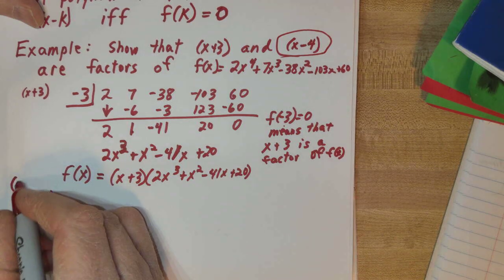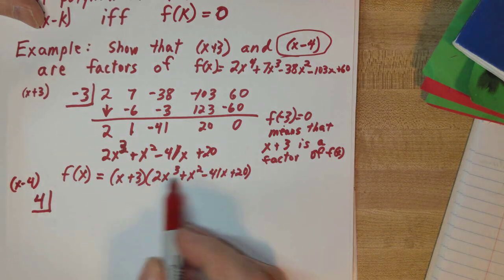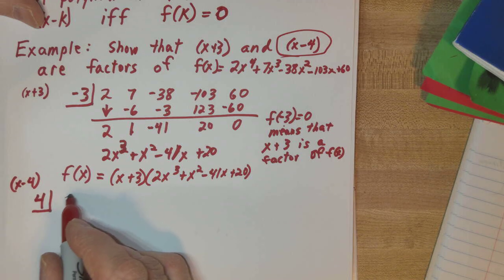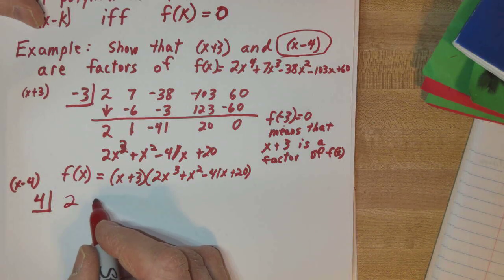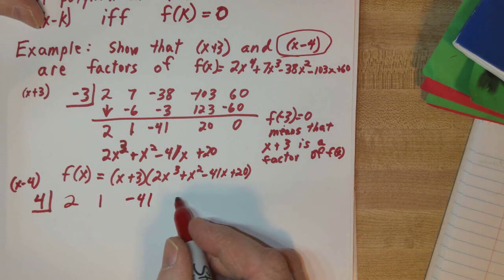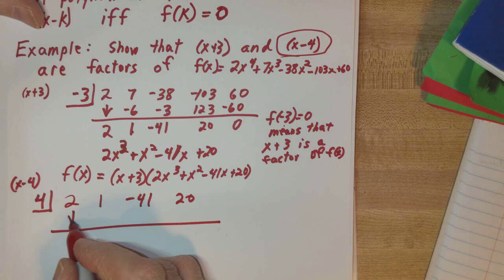So this is for x minus 4. I'm going to just do this part, which is the 2x cubed plus 1x squared minus 41x plus 20, without the variables.